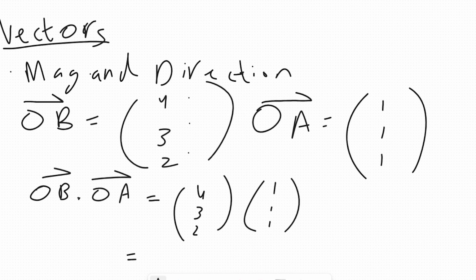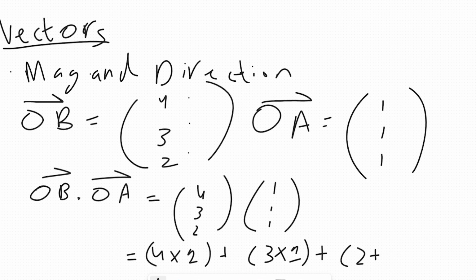That is 4 times 1 plus 3 times 1 plus 2 times 1, and that would be 4 plus 3 plus 2, that would be 9. That is the product of these two vectors.